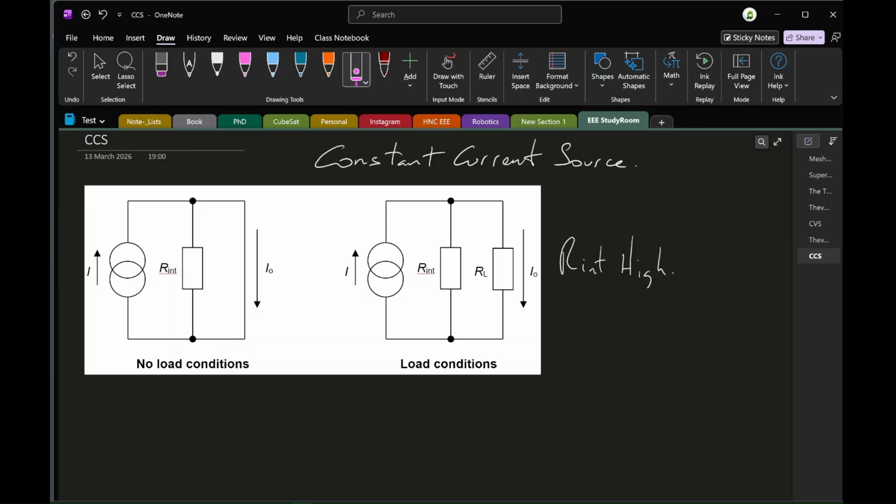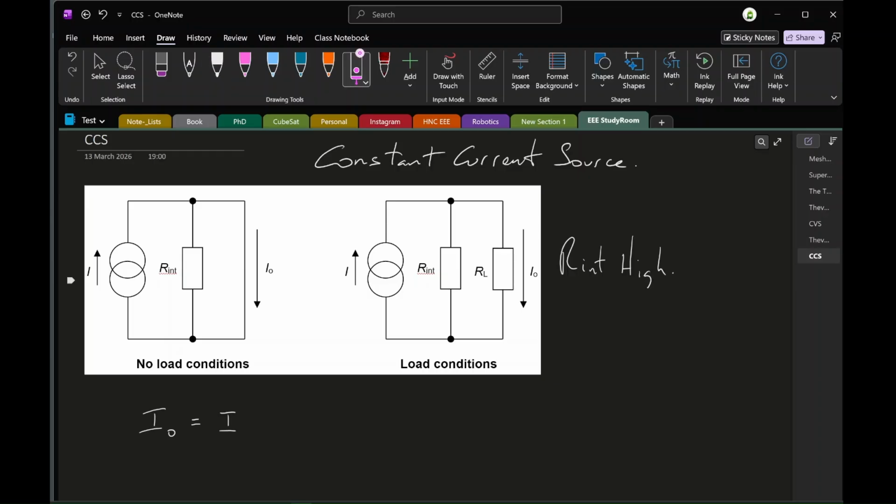If we consider the current source below, here we have no load conditions on the left and load conditions on the right. Under no load conditions, all the current, for all intents and purposes, bypasses Rint, which gives us a condition where the output current, I out, is going to be equal to the magnitude of the supply current.